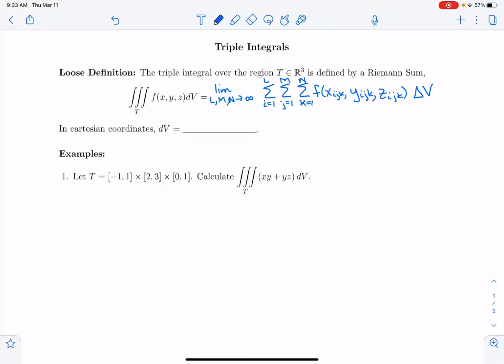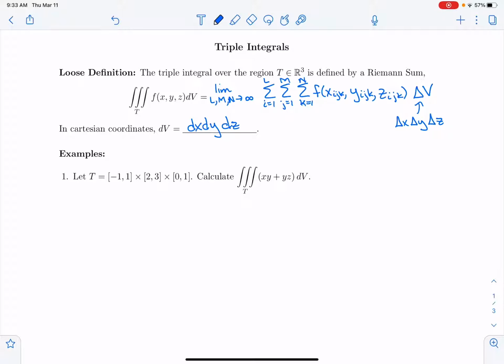Now in Cartesian coordinates, our dV we're going to think of as being dx, dy, dz. So that our delta V we're thinking about as being a cube formed by delta x, delta y, and delta z.